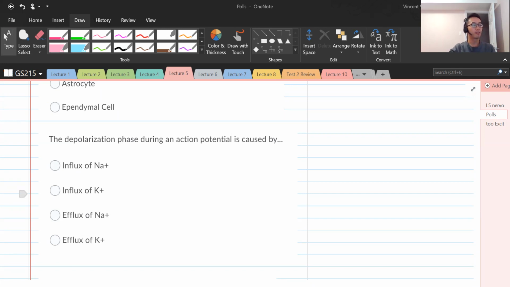Okay, only half of you have answered, but I'm gonna end the poll. The correct answer is influx of sodium. Depolarization is the rising phase, and it's caused by sodium coming in.